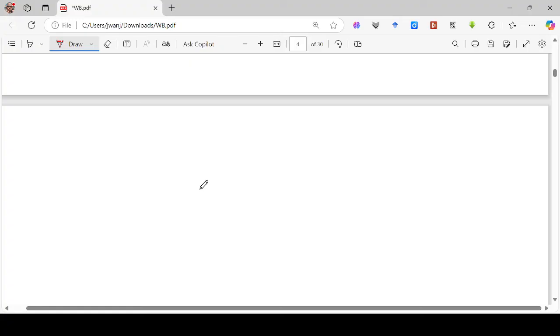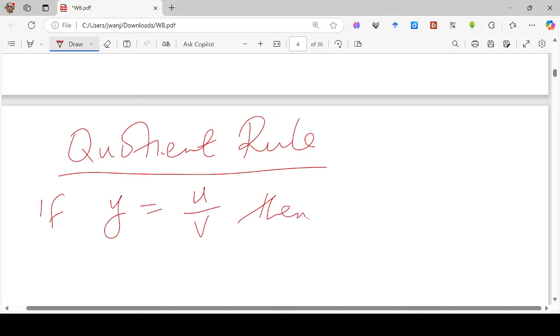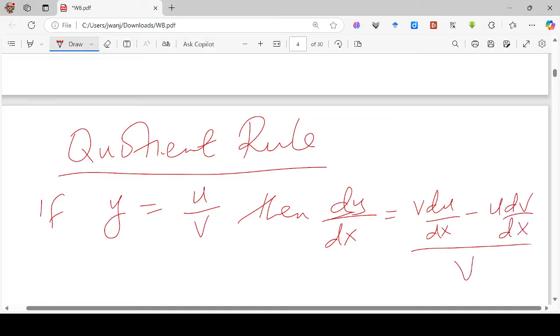Now the second method I want us to look at is the quotient rule. This one says that if y is equal to u divided by v, where u and v are functions of x, then dy by dx is equal to v times du dx minus u times dv dx, divided by the square of v.